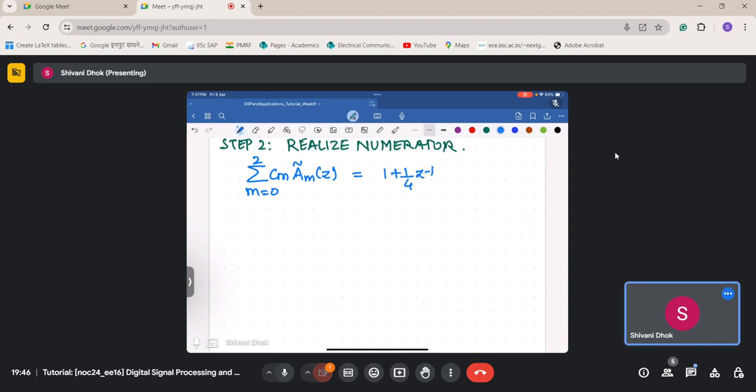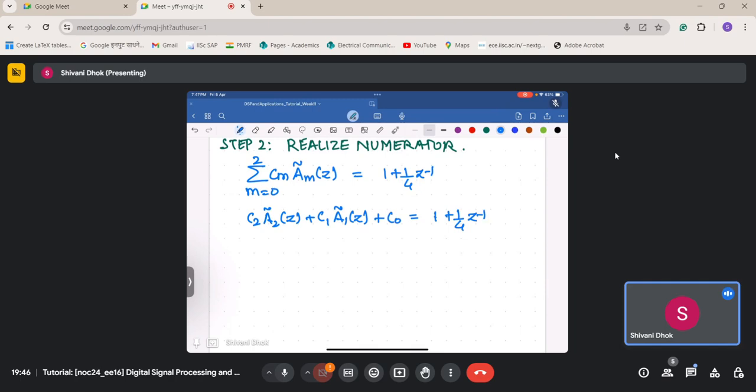So I can write this as c2 into a2 tilde z plus c1 into a1 tilde z plus c0 into a0 tilde z, but a0 tilde z is 1. So this is equal to 1 plus 1 by 4 z inverse.